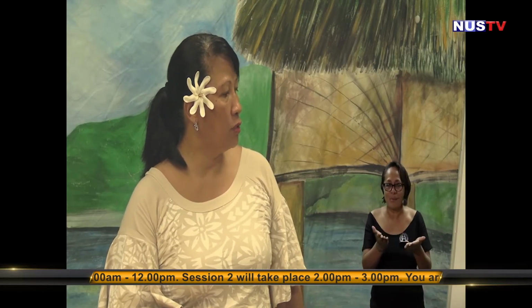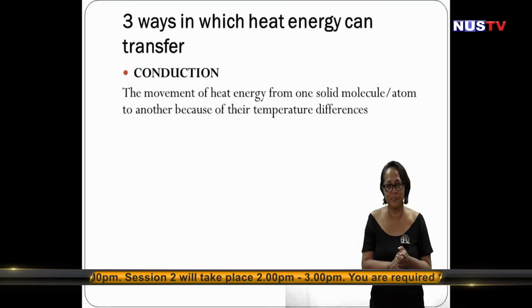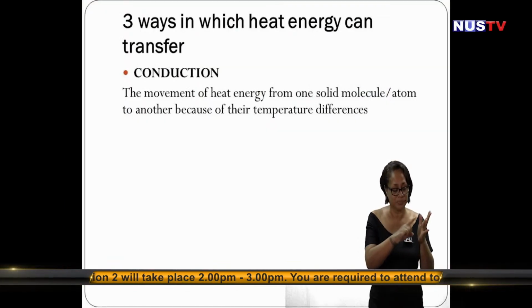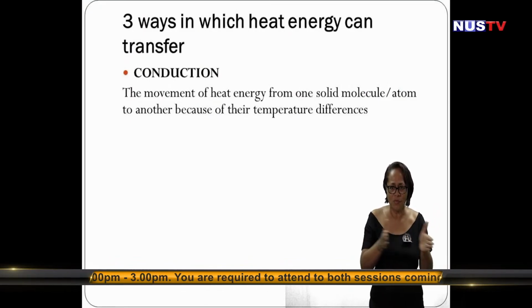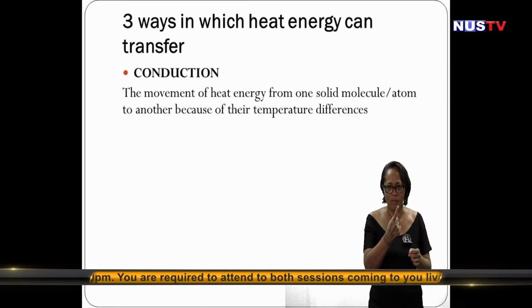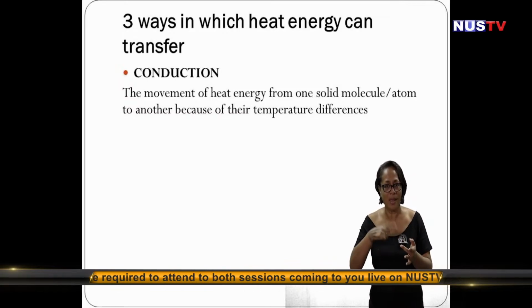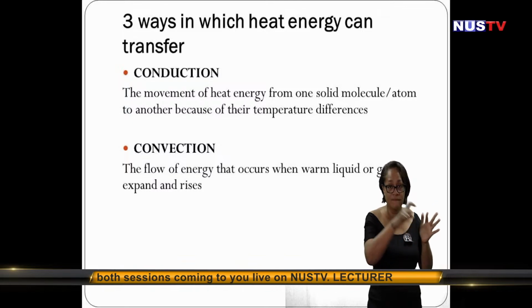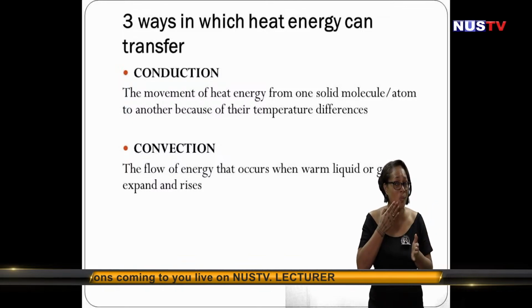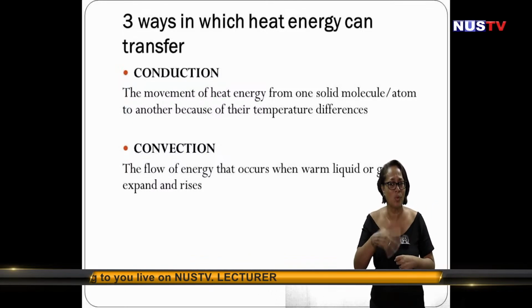Now, there are 3 ways in which heat energy can transfer. The first one is conduction, which is the movement of heat energy from one solid molecule to another because of their temperature difference. Convection is the flow of energy that occurs when warm liquid or gas expand and rise.